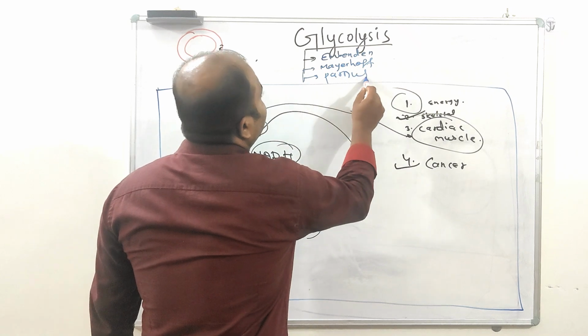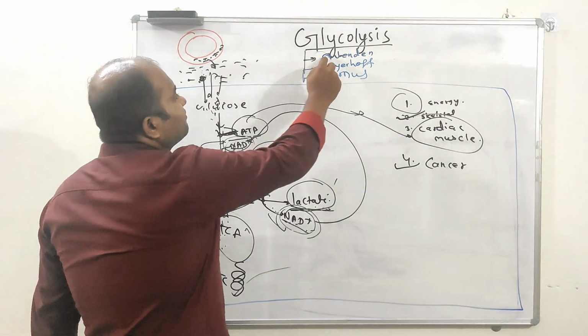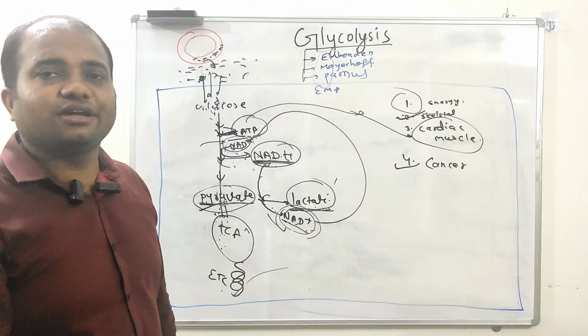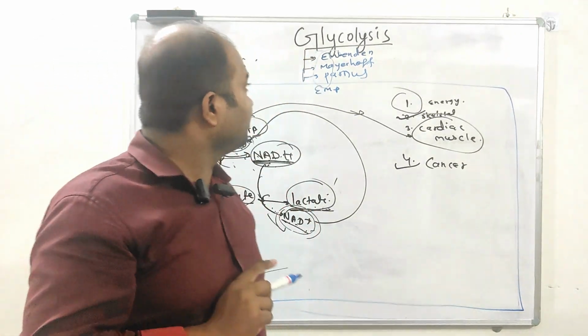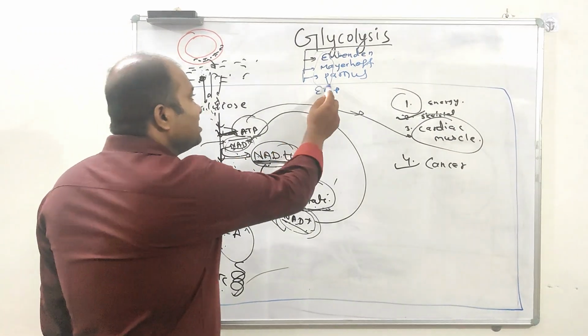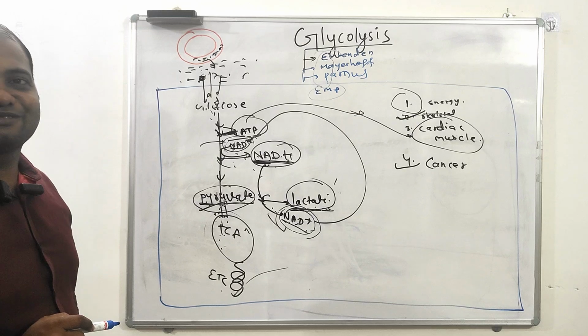There are three inventors who invented these glycolysis reactions, and based on these three names, taking the first starting letters, we call it the EMP pathway, right? Am I clear? So the glycolysis pathway is also known as the EMP pathway, and one more name is there.